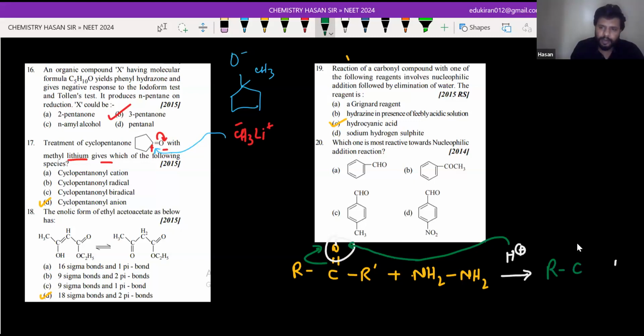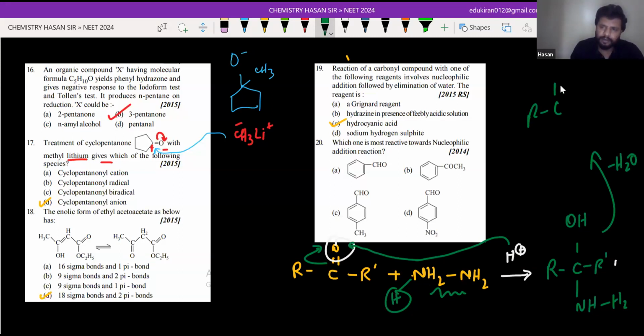The reaction will be RCOH, and here it becomes R dash, and here NH2. H from here attacked basically, so it becomes NH. And now you can remove water. So you will be getting directly. So the answer is hydrocyanic acid.